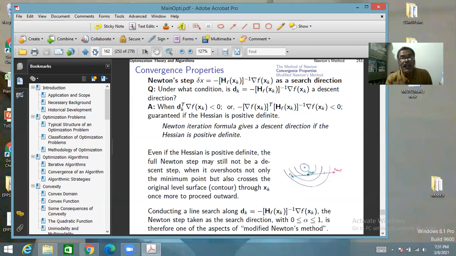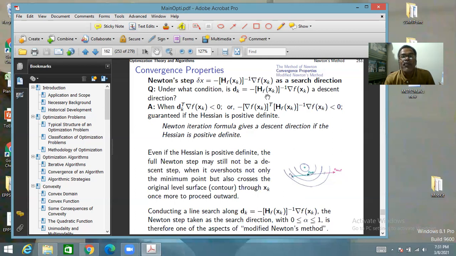So now we are asking under what condition Newton's step can be a descent direction, taken as a direction at least. And for that we can give the answer very easily. Dk transpose grad f should be negative.